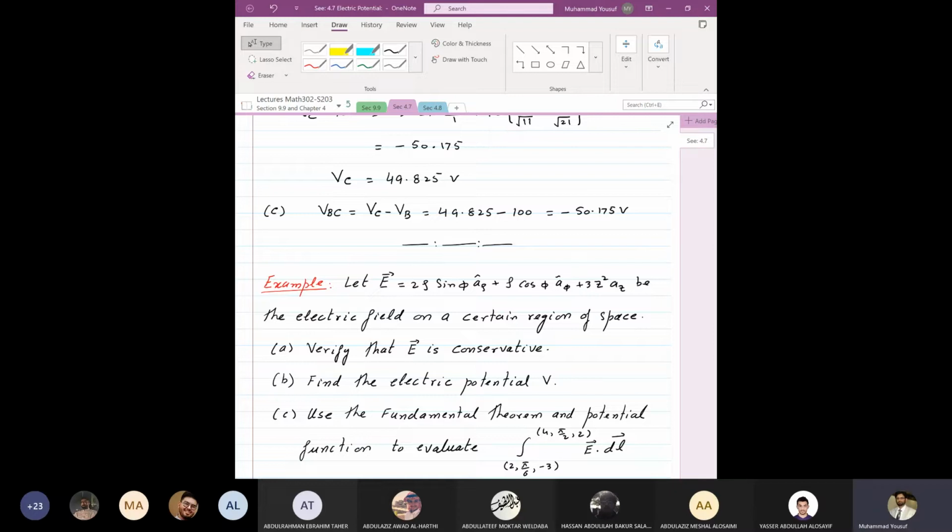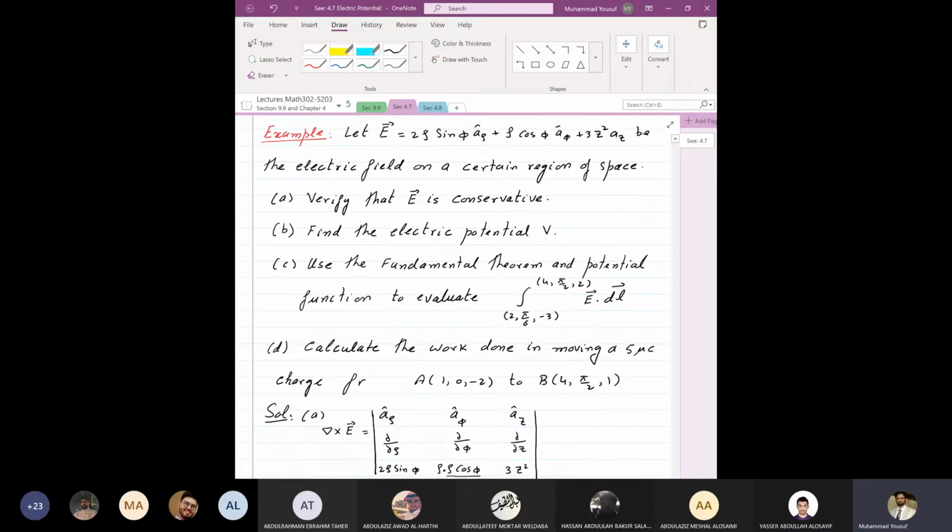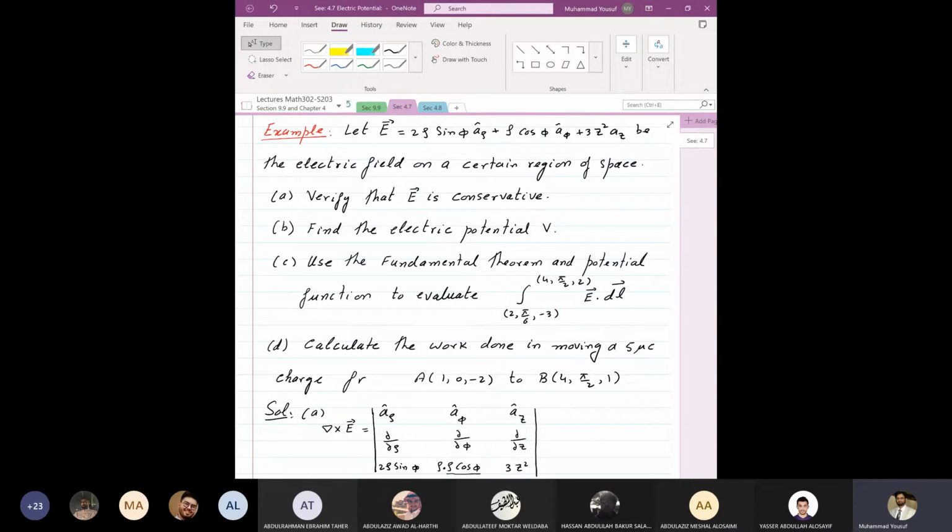Verify it is conservative, find the electric potential V, and then use the fundamental theorem and potential function to evaluate. So this is now another type of question. Calculate the work done in moving a charge of 5 microcoulomb from A to B.